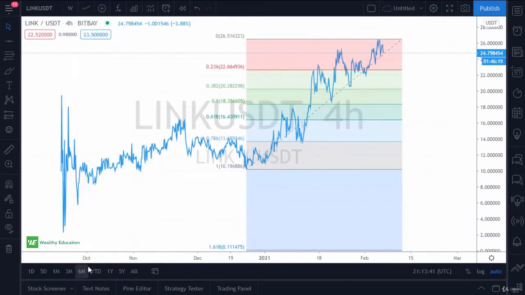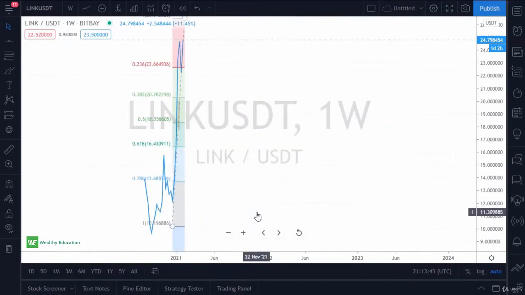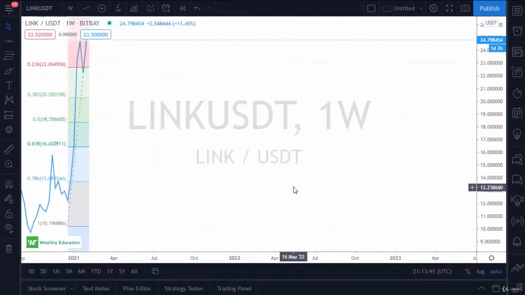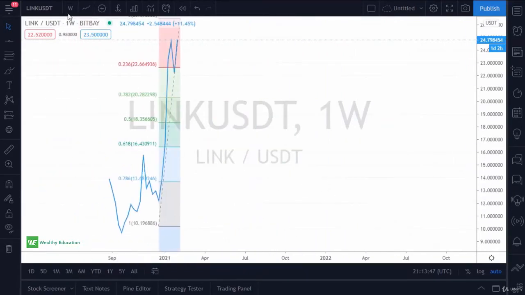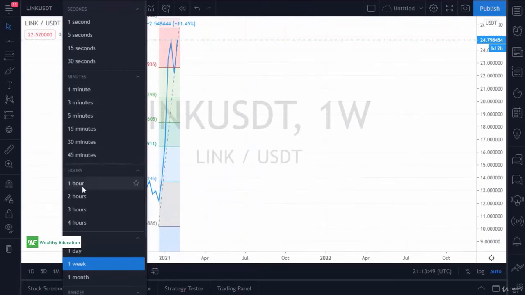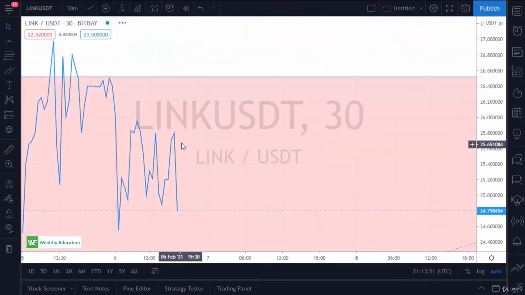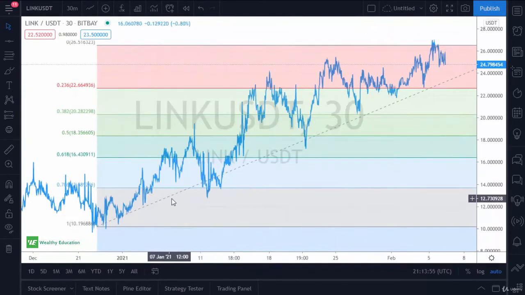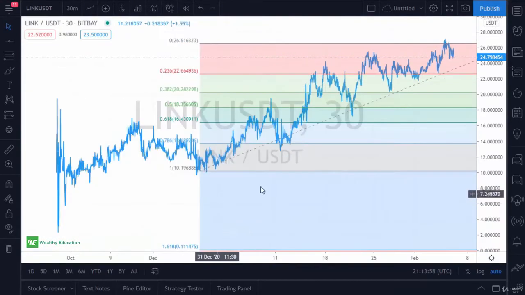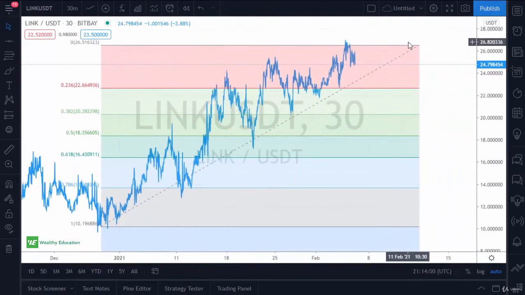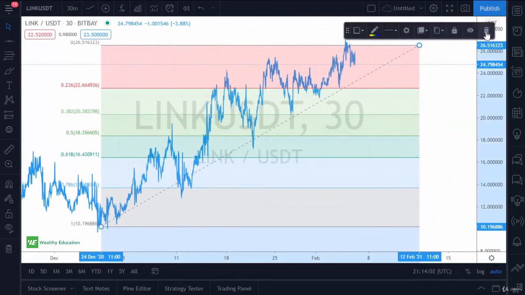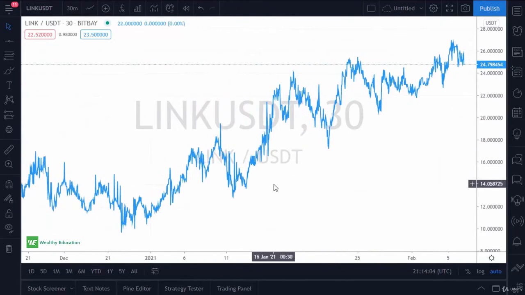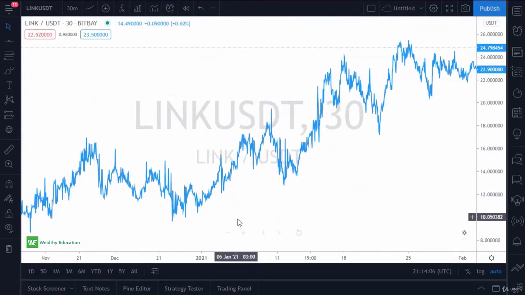I can go to the weekly chart and you can see just how much of a move that would be. So going back to, let's even go to a 30-minute chart. This gives you some potential support and resistance to work with. But let's say you're trying to use this as the markets move.